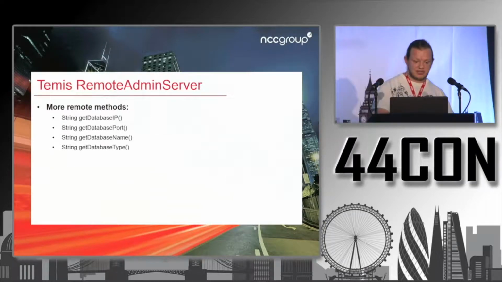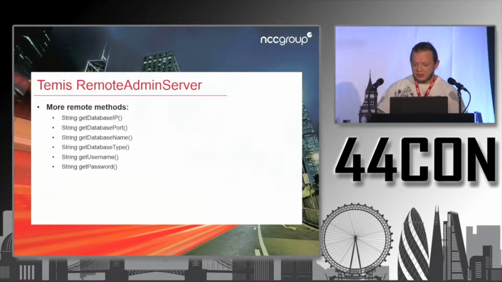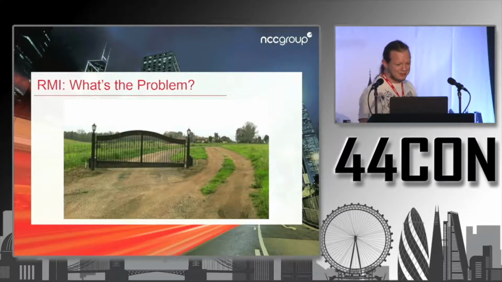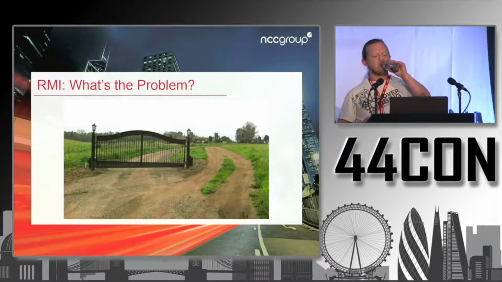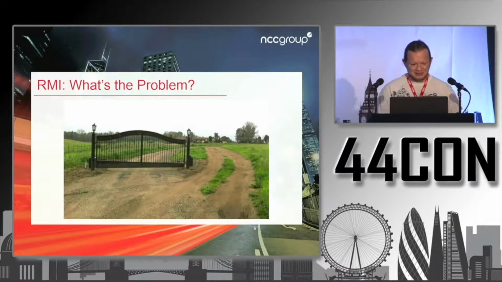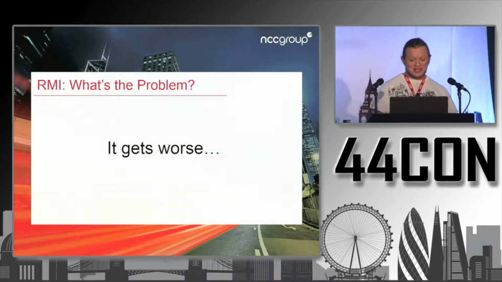Get the database configuration there, standard stuff, but username and password for the database, okay. So what's the problem with RMI? Well, we've kind of got this. We've got all these authenticate methods, but we just walk around. But it actually gets worse than that.